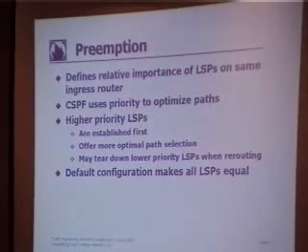So for instance, for me to be preempted, the LSP that's preempting me, his setup priority has to be stronger than my hold priority. That's where the comparison is done. Okay? So there's two variables to track there. And by default, ours use the weakest setup priority and the strongest hold priority, and that's why no preemption occurs under default settings on our box.